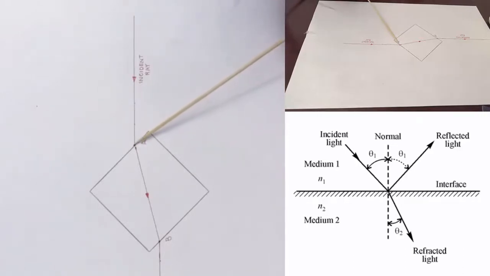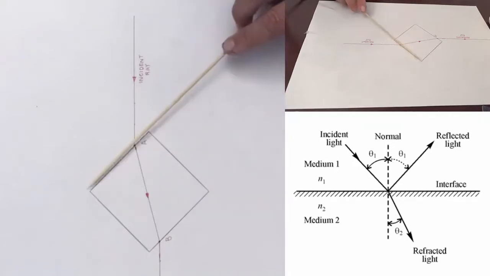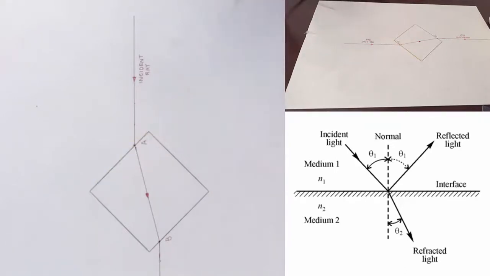So at that point A, we want to create the reference axis that's going to be perpendicular to this front surface of the block. And then on the back surface where the point B is positioned, we can also create reference line here at the point B and quantify the Snell's law of refraction at that point as well.